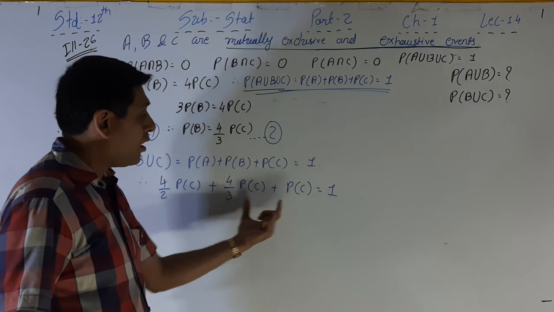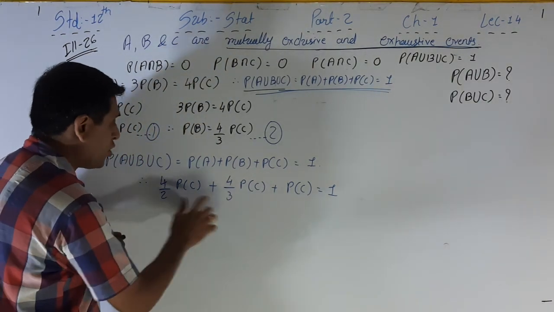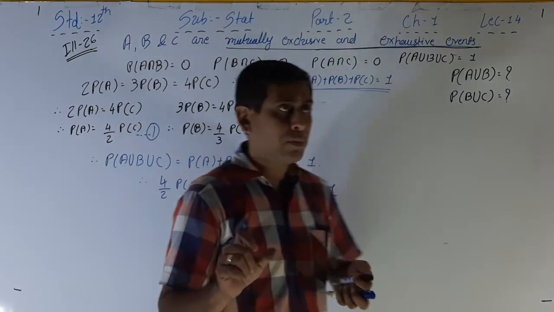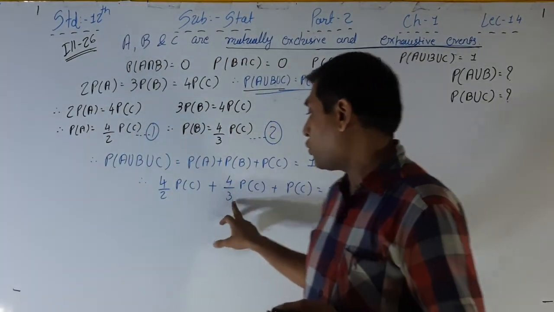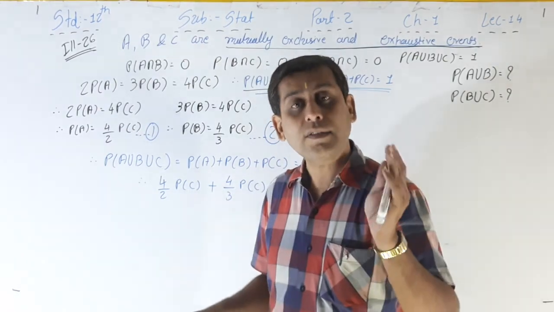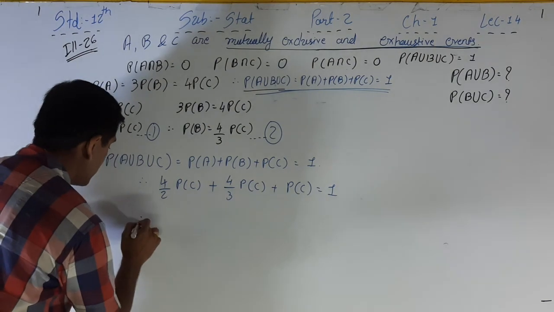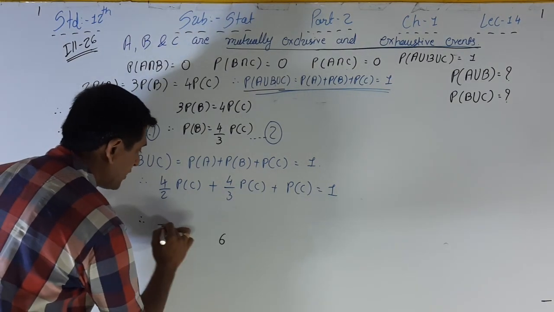Now take the LCM. What is the LCM here? 2 and 3. Which one is the highest value? That is 3. 3 ones are 3, not in the 2's table. 3 twos are 6. Yes, it is your LCM. Therefore, we can say 6 is your LCM.